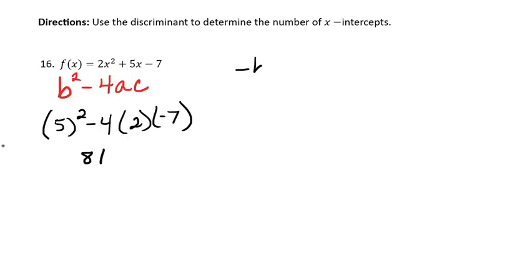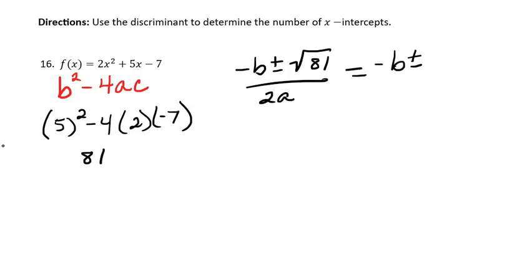Now if I'm looking at the quadratic formula, then what I have is something like this. I don't really care what the negative b over 2a is. If you want to put those numbers in there, that's fine. But I'm really looking at this square root. And I know that the square root of 81 is 9.